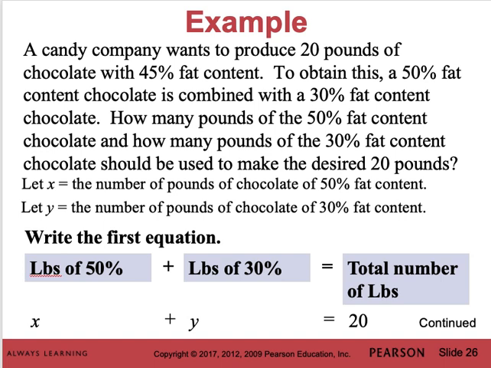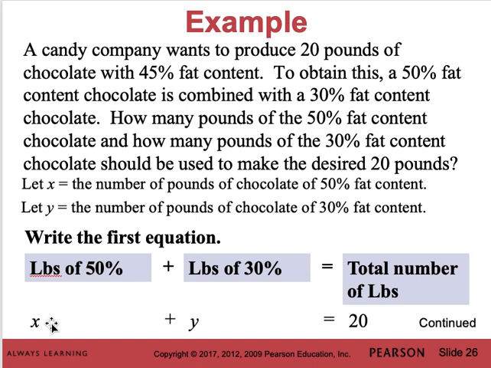A candy company wants to produce 20 pounds of chocolate with 45% fat content. To obtain this, a 50% fat content chocolate is combined with a 30% fat content chocolate. How many pounds of the 50% fat content chocolate and how many pounds of the 30% fat content chocolate should be used to make the desired 20 pounds?